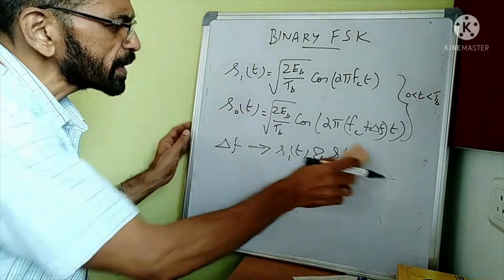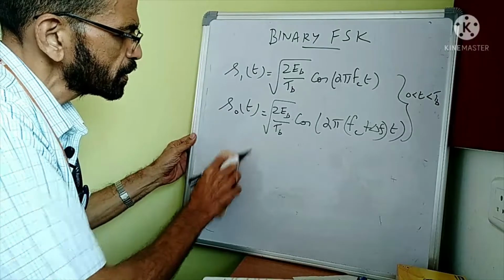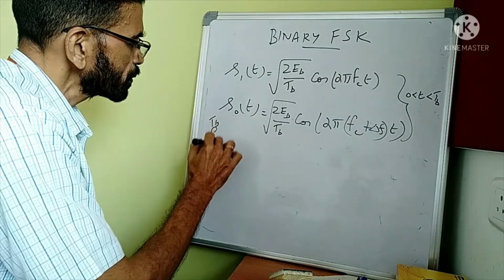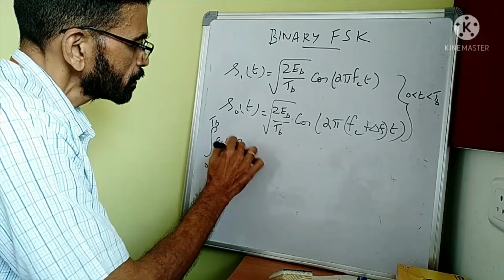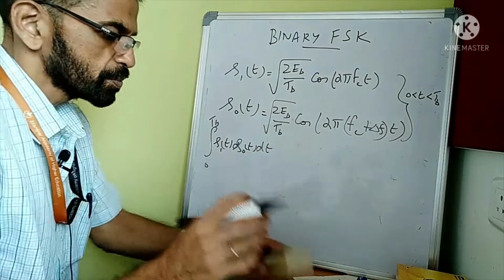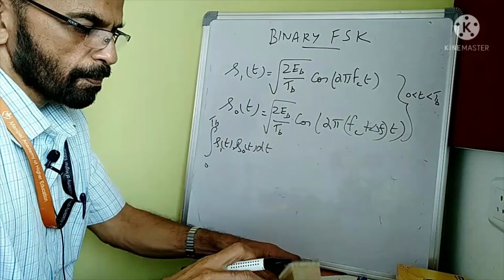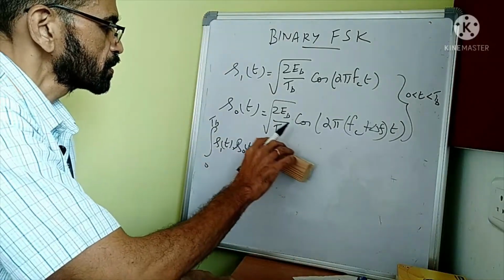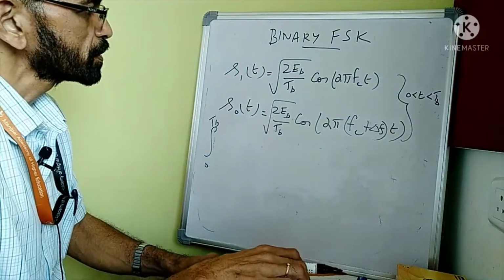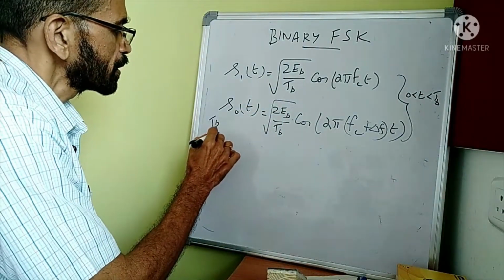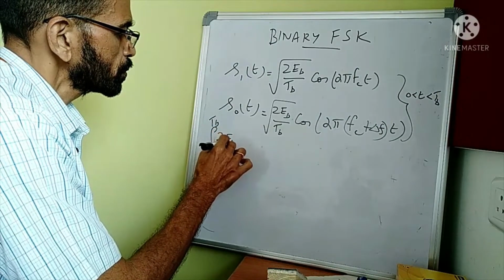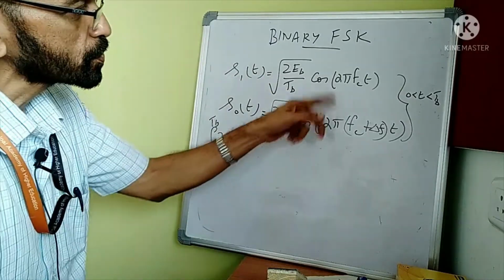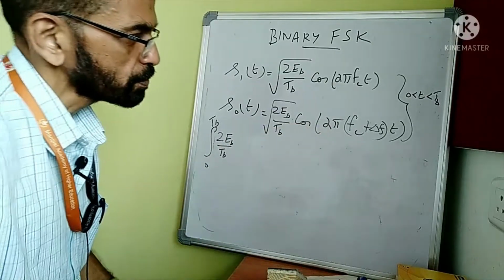And we can see that if we determine the inner product, when we replace these signals in the inner product with what we have here, we will end up getting 2 EB by TB, the square roots, when you multiply cos 2 pi FCT into cos 2 pi FC plus delta FT.